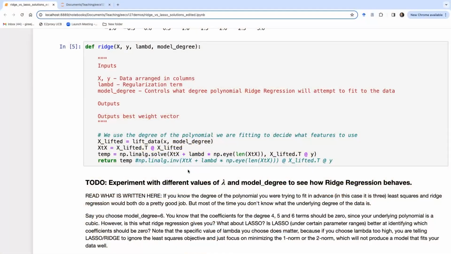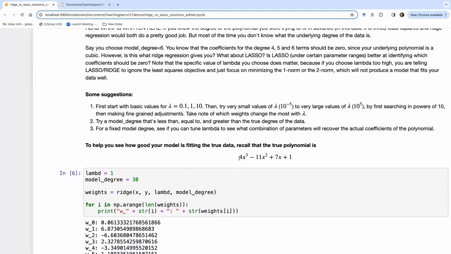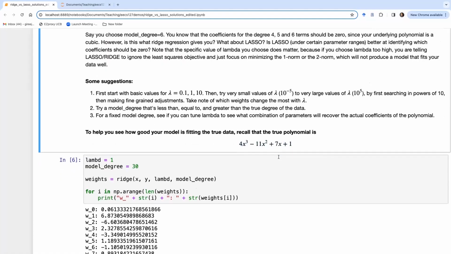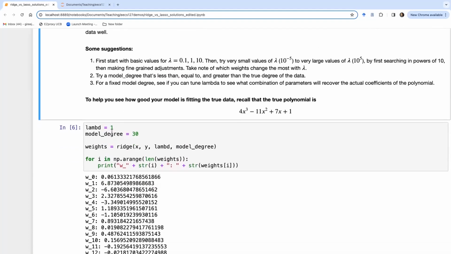So for example, let's think about this. Here my true polynomial is 4x cubed minus 11x squared plus 7x plus 1. I'm doing ridge regression first, and let's say I set my regularization parameter lambda equal to 1, just for something. I don't know what degree polynomial I actually have. All I have is my noisy data points.